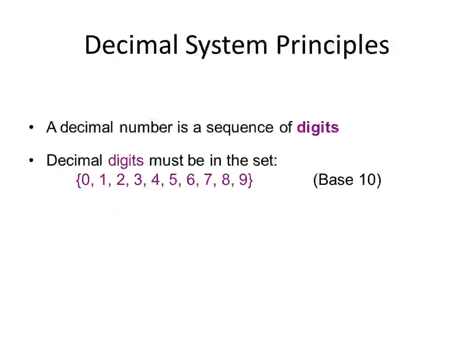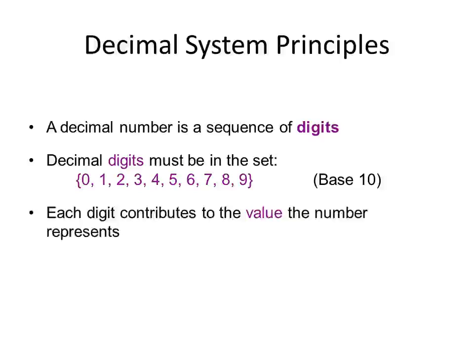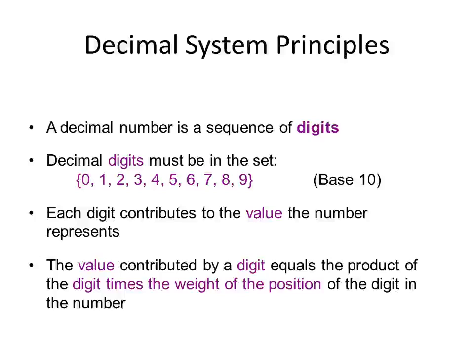A decimal number is a sequence of digits. The smallest unit of a decimal number is known as a digit, and its base is 10. Each digit contributes a value to the number. The value contributed by a digit equals the product of the digit times the weight of the position of the digit in the number.